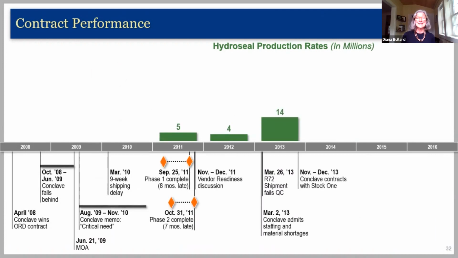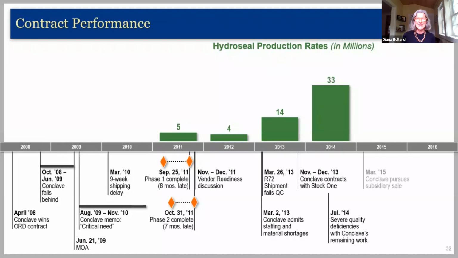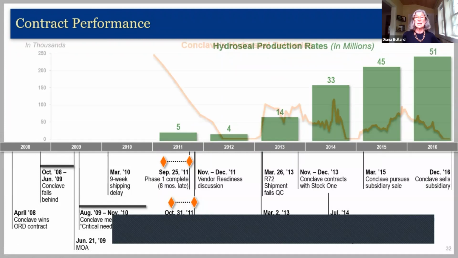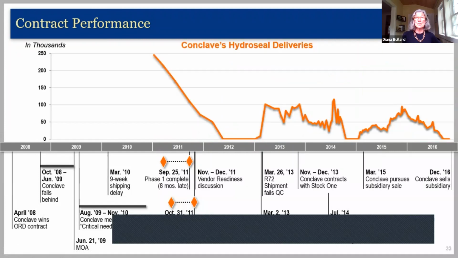And you'll see that throughout the time of the contract, Conclave never quite met its performance goals. So we show the timeline data below the time bar here, each of the entries. And then we have other data, the production rates and more, up above, so you can actually see how Conclave performed. And here you'll see these outlines show absolutely no deliveries at all during this time.